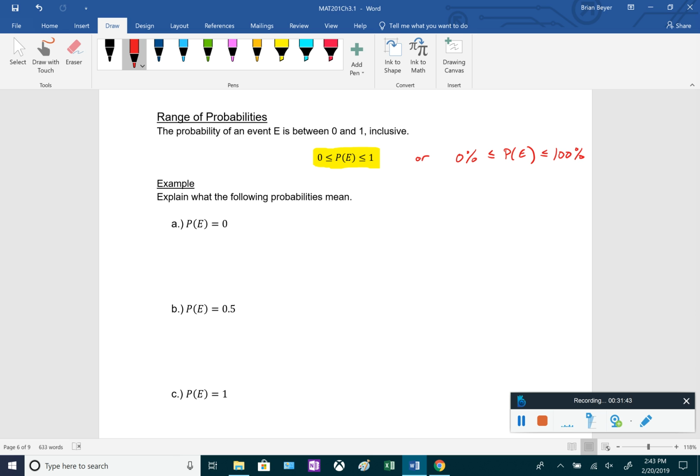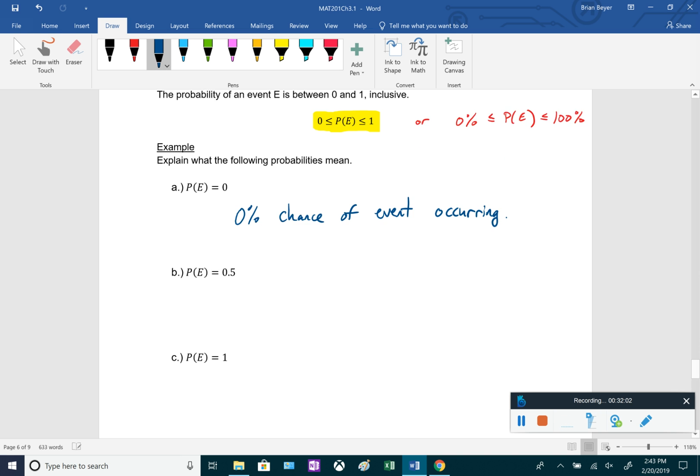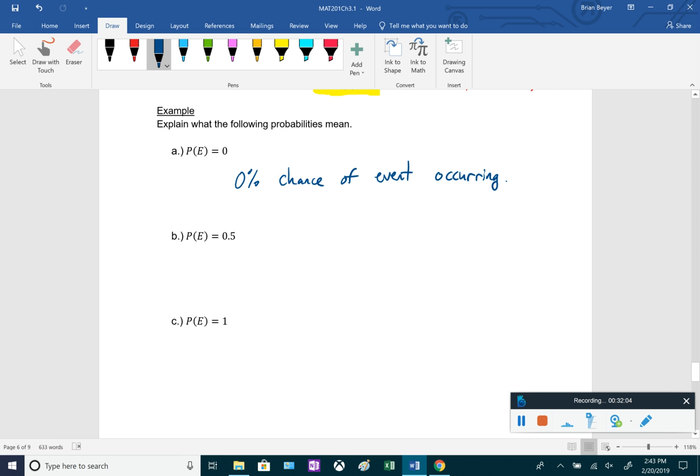So let's explain what the following probabilities mean. Let's say we have the probability of event E equals 0. That means we have a 0% chance of the event occurring. So that event, whatever it is, cannot occur. Okay, pretty simple. Probability of E equals 0.5 means there is a 50% chance of the event occurring.